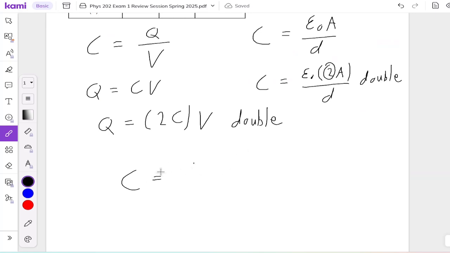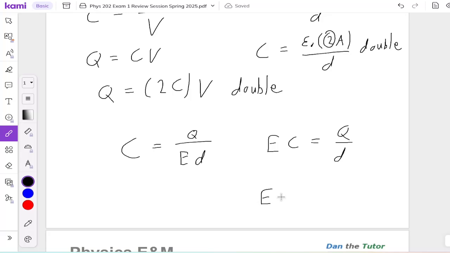And so then I'm going to use this equation, Q over E times D. I want to solve for E, so multiply both sides by E, and then divide by C. So electric field equals Q over CD. And then I ask myself, what changed?